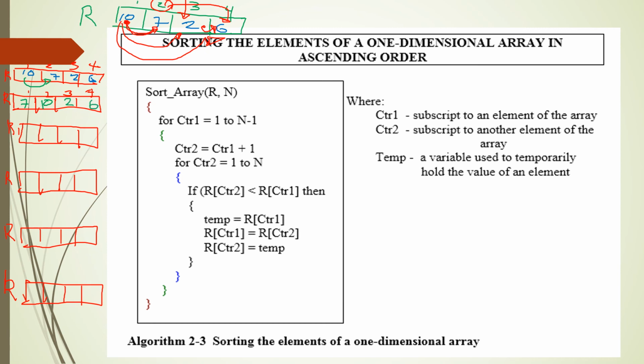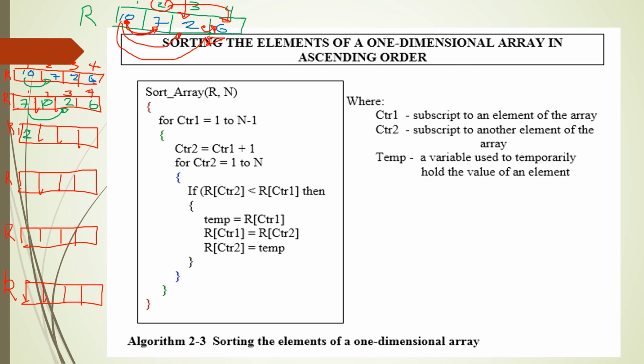Next, first element and the third element. So it will test if this is higher than the third element. If it is higher, then swap. Or vice versa, if the second value is lower than the first, then it will swap.